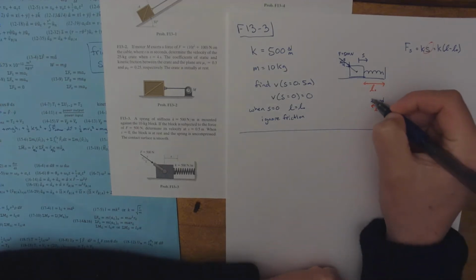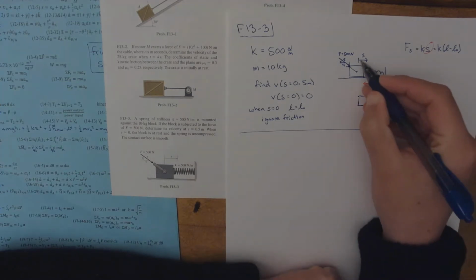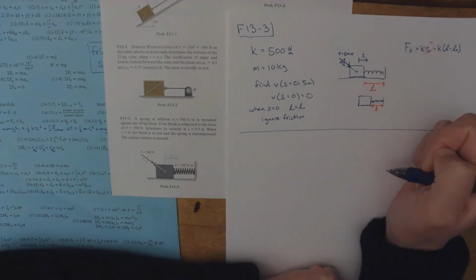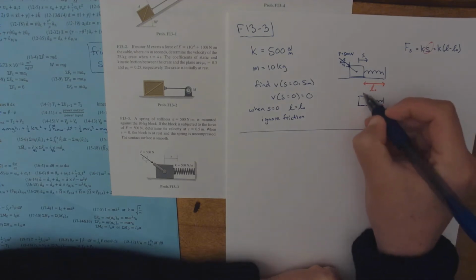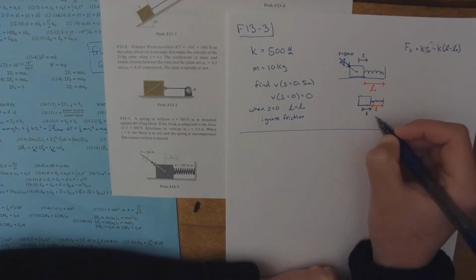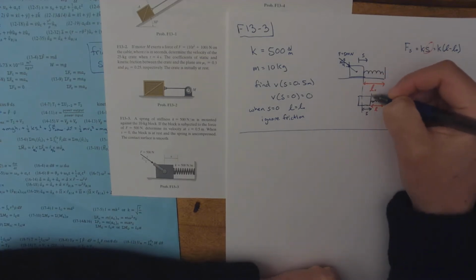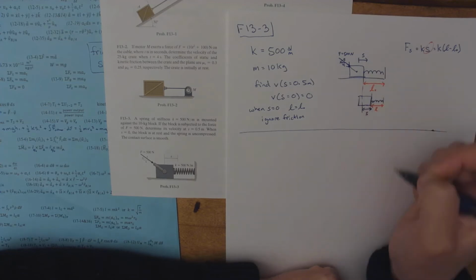Now, if the block is now here, it moved a distance s to get from here to here, so the difference between where the block was and where the block currently is, that's how far the block moved.